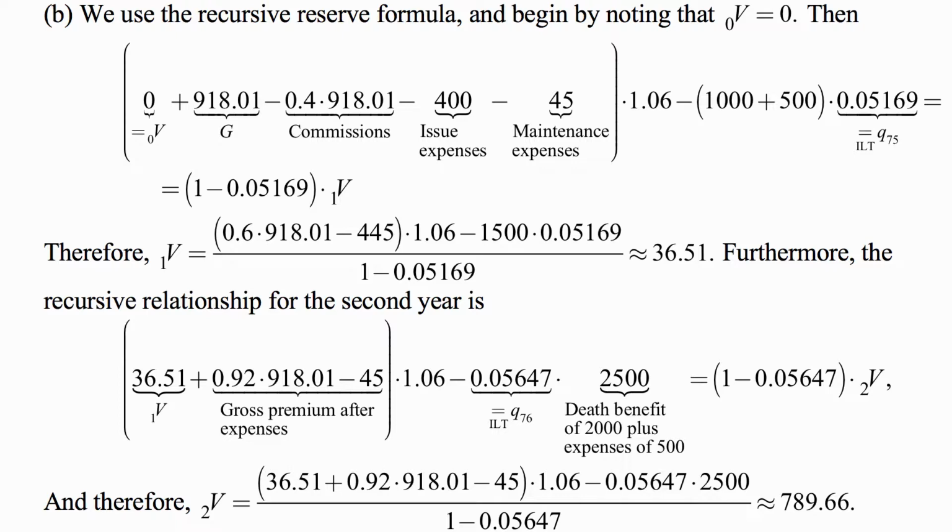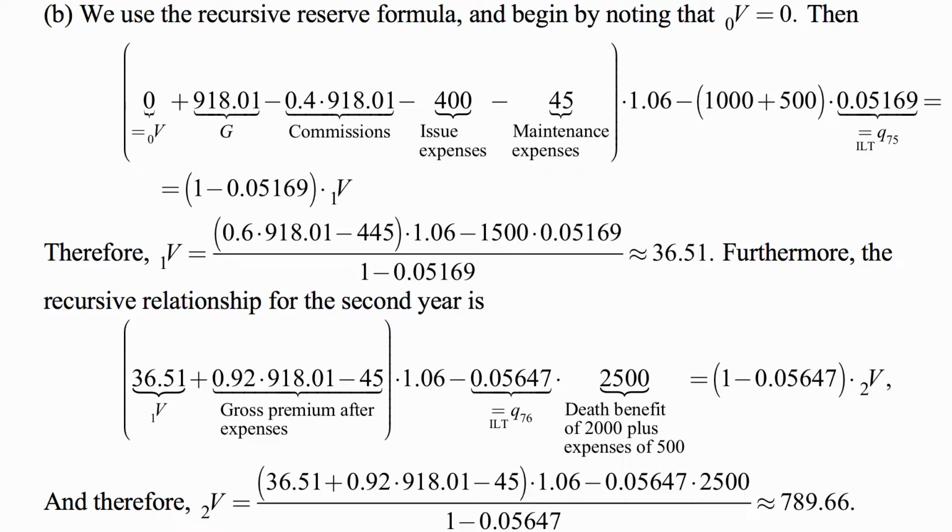This is, of course, the gross premium reserve, because we're using the gross premium and we're including the expenses in the calculation. And the reserve at time 1 is only for those who survived. Those who died no longer have a policy at that point.